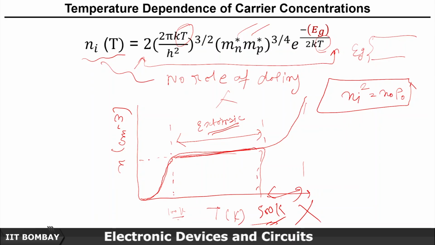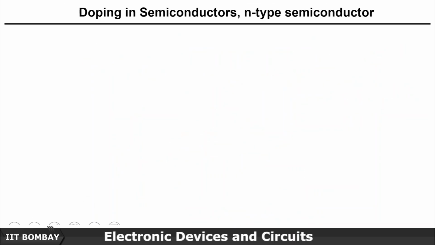Now the good question is how the electron concentration can be drawn. If you remember, we drew this curve with respect to energy. So now we'll do it for an N-type semiconductor.